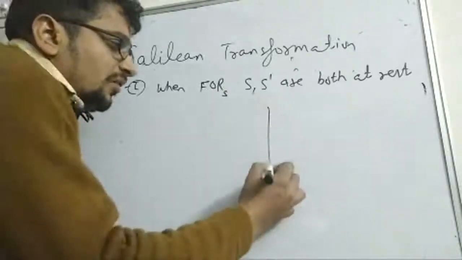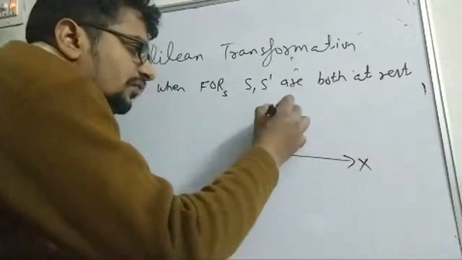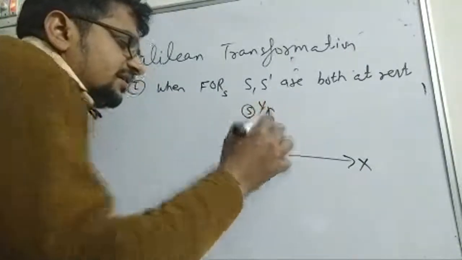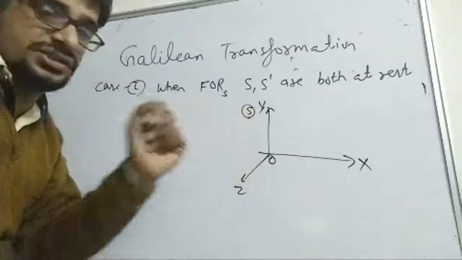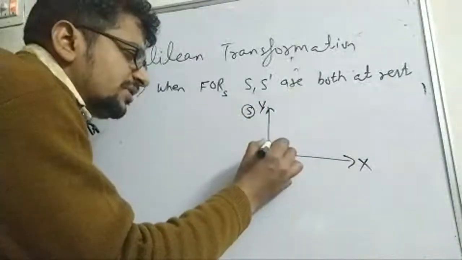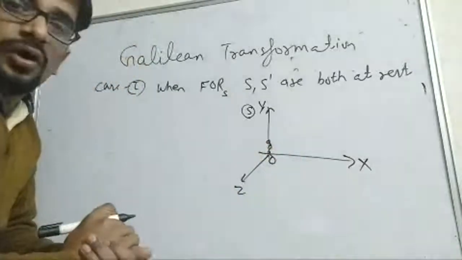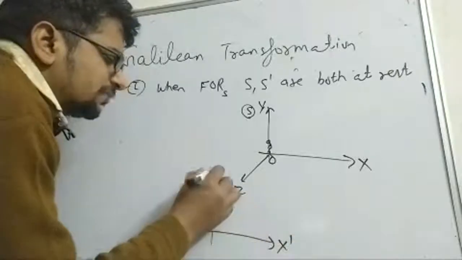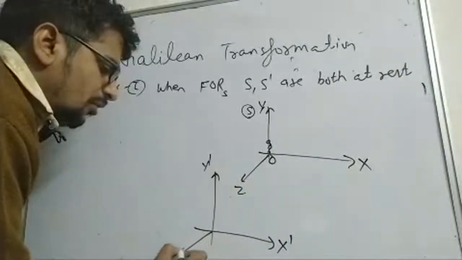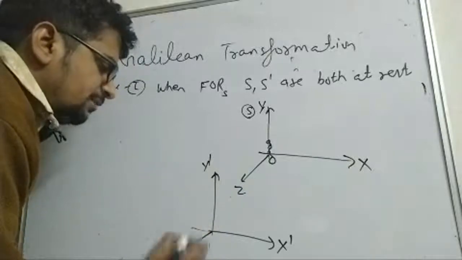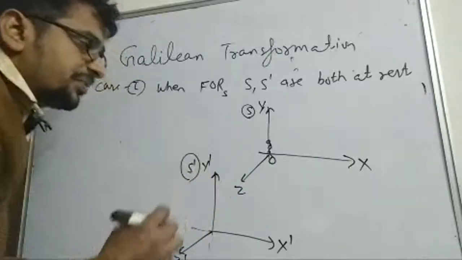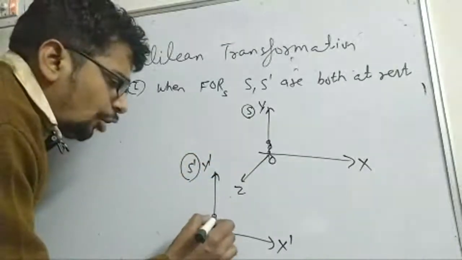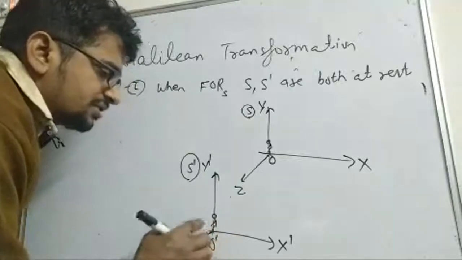It means we have two observers. The first is in the frame of reference S. This 3D system is known as system S, and the observer is present at the origin. Now we have a second observer, who is in another frame of reference, which is named as system S dash, and this observer is at origin O dash.